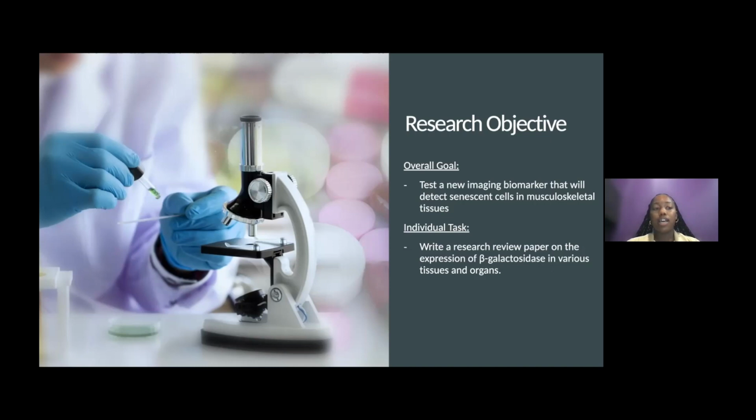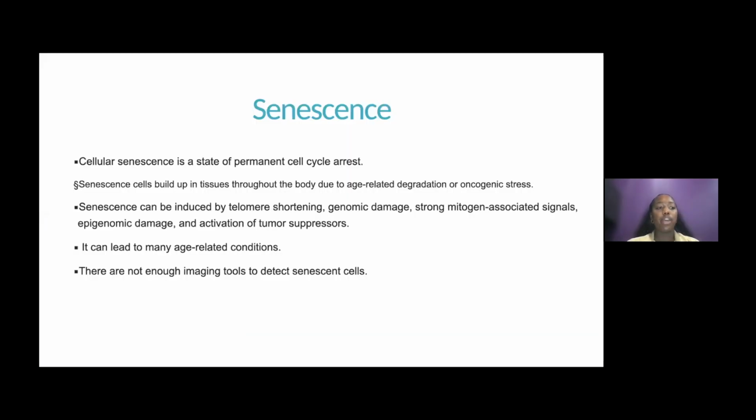In the 3 months that I was at Stanford, I wrote a review paper on the expression of β-galactosidase in various tissues and organs during normal aging and pathological senescence. Throughout the presentation, I will present an overview of the review paper as well as some research that I was able to shadow.